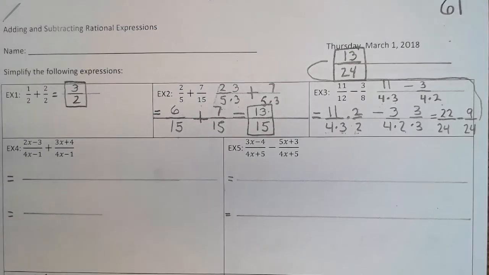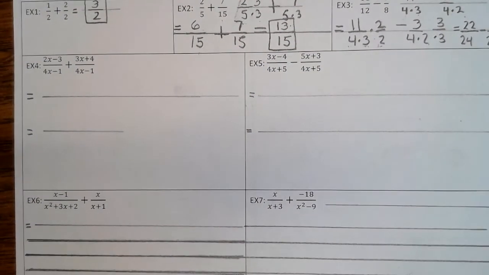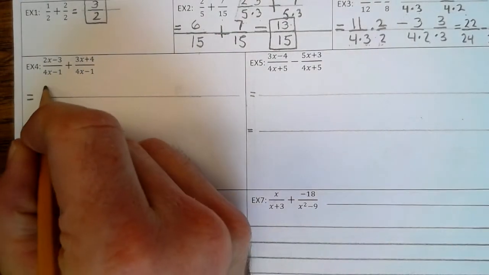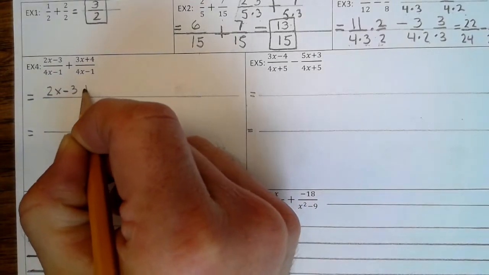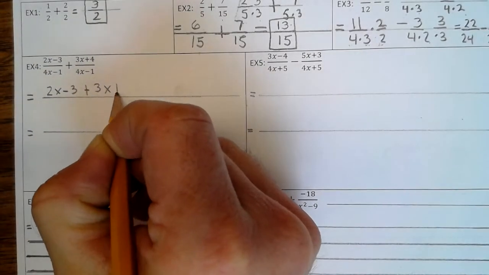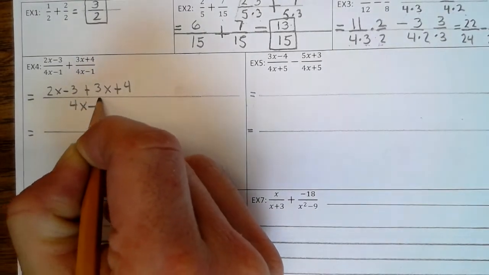All right, so now let's look at example 4. All right, so we see here that example 4 already has the same denominator. So when the denominator is the same, we can add the numerators. So we have 2x minus 3 plus 3x plus 4 divided by 4x minus 1.